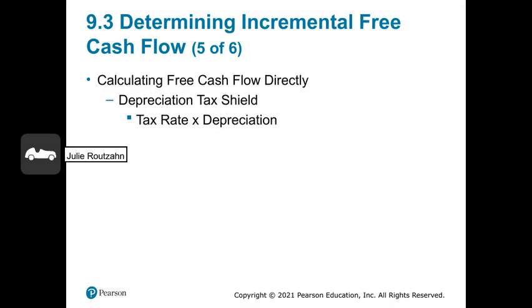Having capital equipment and depreciating it over time results in this depreciation tax shield, because you are reducing your income by the amount of the depreciation. Depreciation is an expense and you're spreading that expense over the time period that you're going to use that piece of equipment.